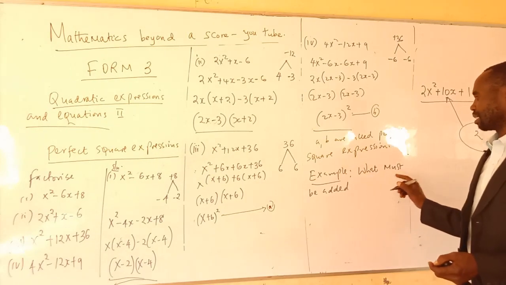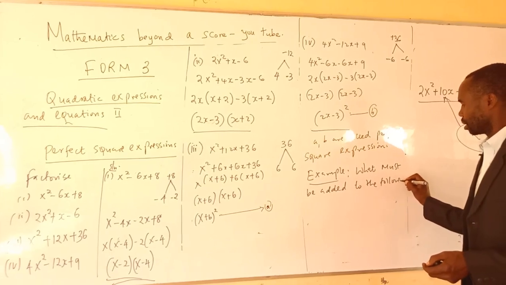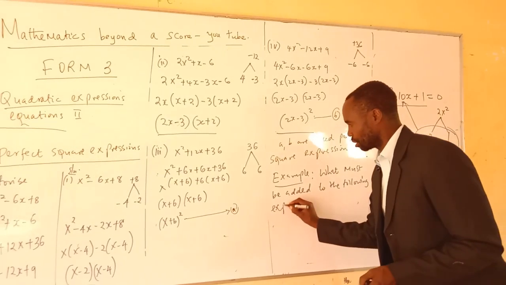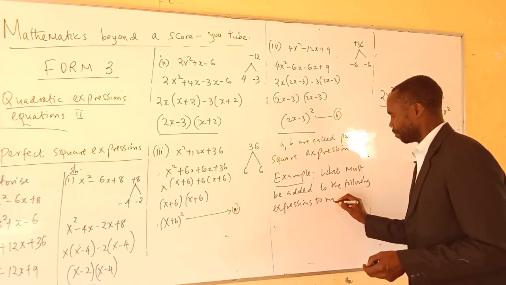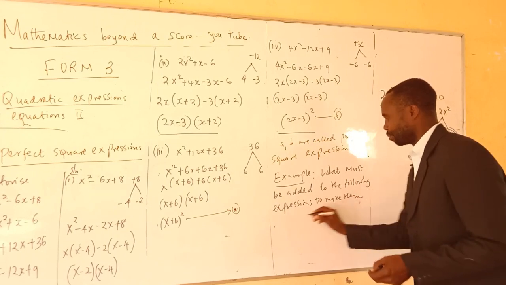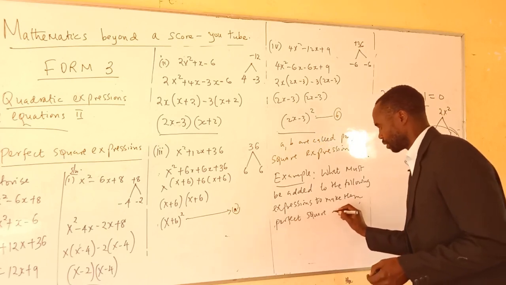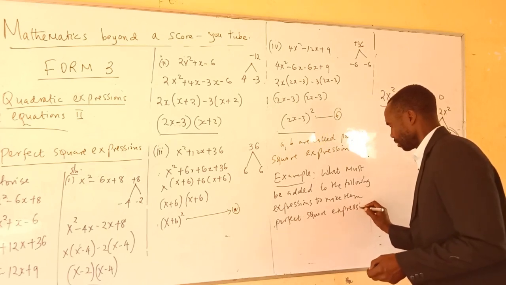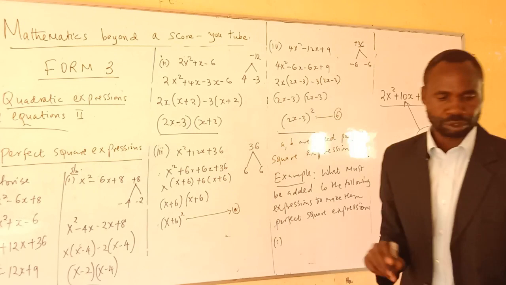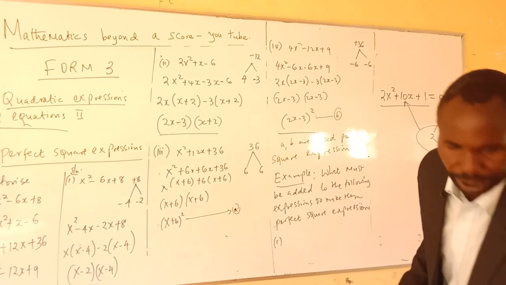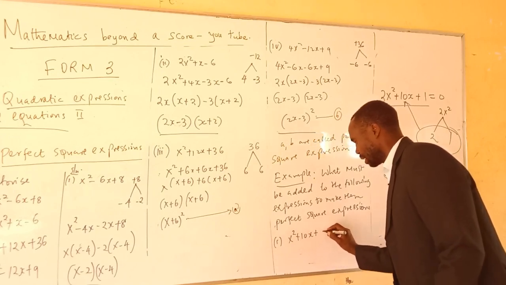Example: what must be added to the following expressions to make them perfect square expressions? Number 1 is x squared plus 10x plus a dash.